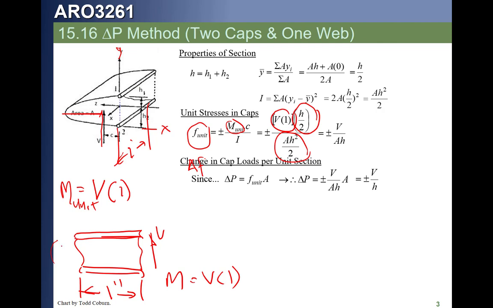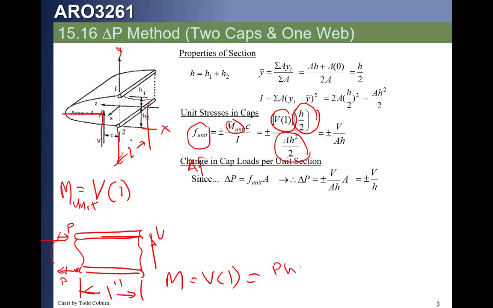Now if we want to know how much force, by statics we can sum the moments about here, and we find the moment, which is V times 1, is equal to, and we can see this is going to be a compressive reaction here and a tensile reaction here, P times H, right? That's going to be the moment to that end.